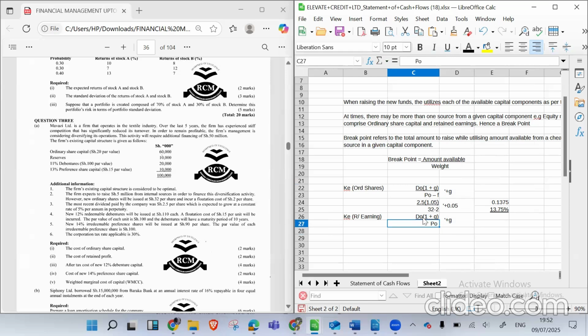If there was a discount it would affect us, but flotation cost does not affect us. So our workings are the same, but now without the flotation cost. That's the difference. So let's press on the calculator.